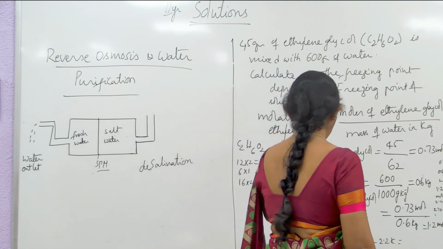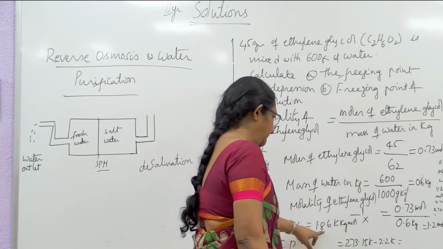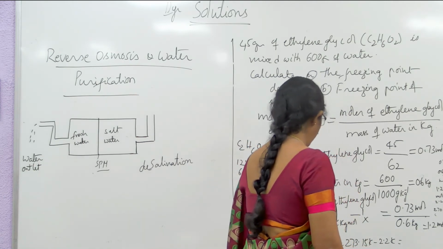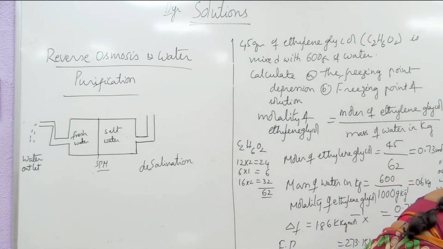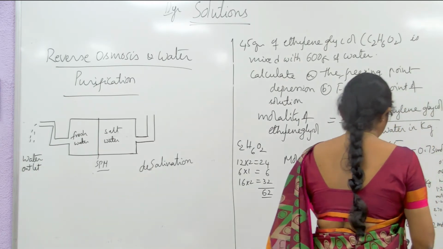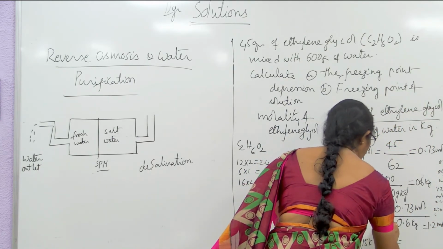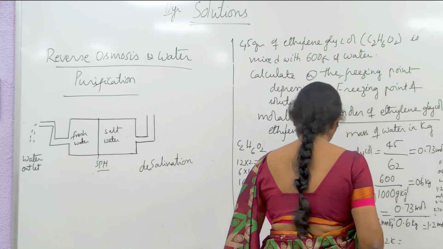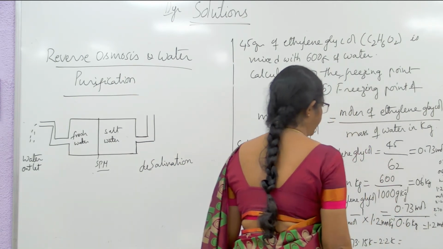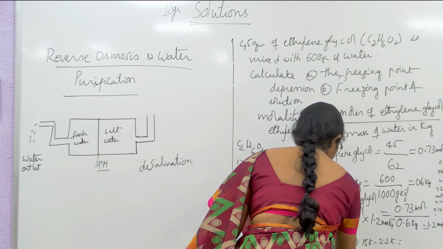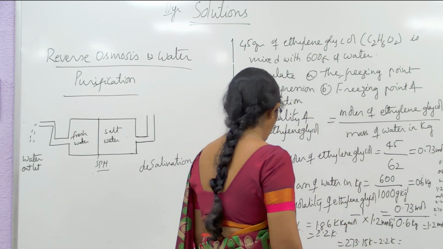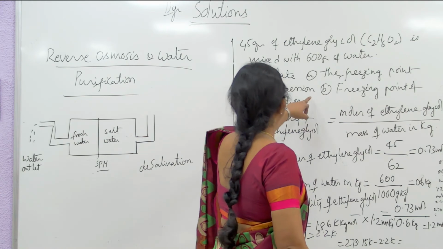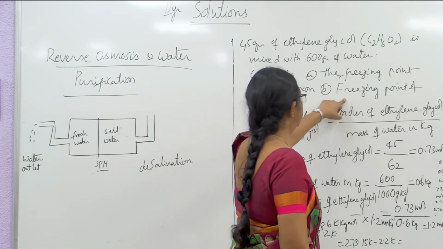So here the depression of freezing point is equal to the constant, Kf, which is 1.86 Kelvin kilogram per mole, into 1.2 mole per kg. So here you will get the answer, that is 2.2 Kelvin. The depression of freezing point is 2.2 Kelvin.